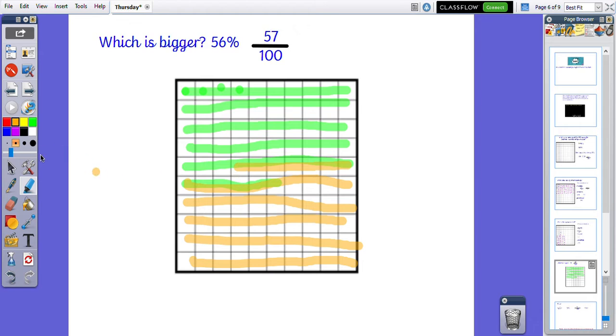So we can now compare these, okay? We can see that 57 has one more square shaded in. So we can see that it is bigger than 56%, okay?